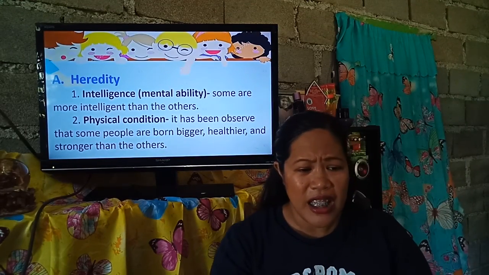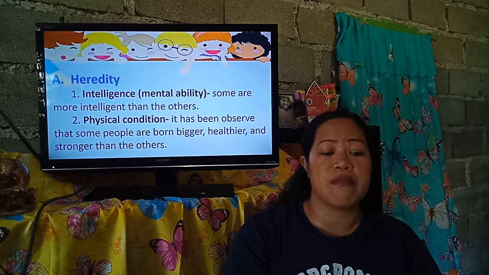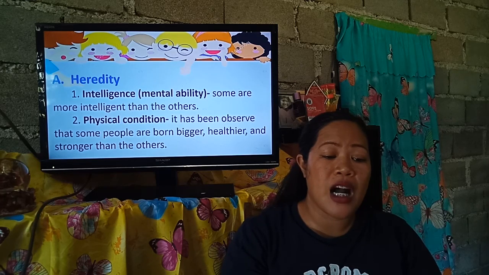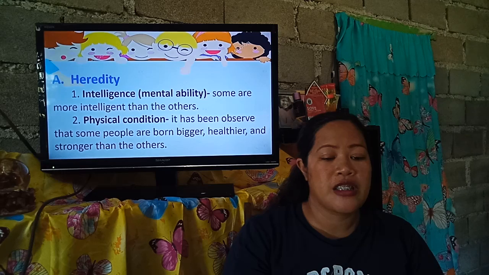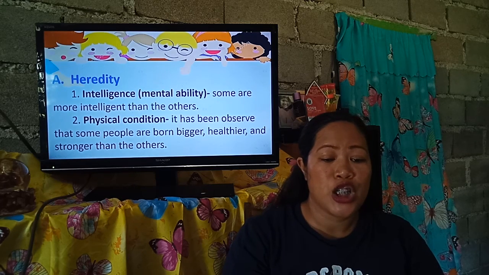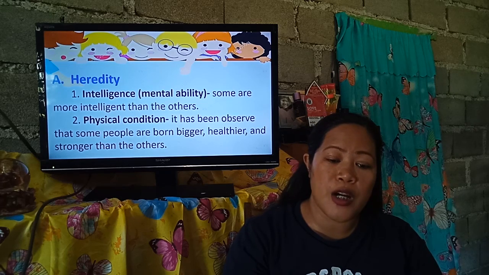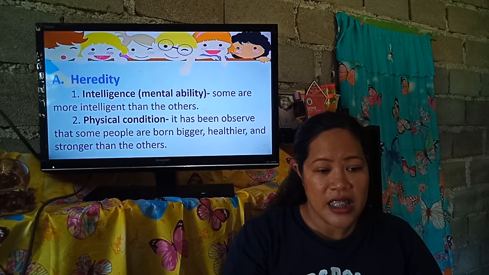In heredity, we have here the intelligence or the mental ability. In intelligence, some are more intelligent than the others. Number 2 is the physical condition. It has been observed that some people are born bigger, healthier, and stronger than the others.